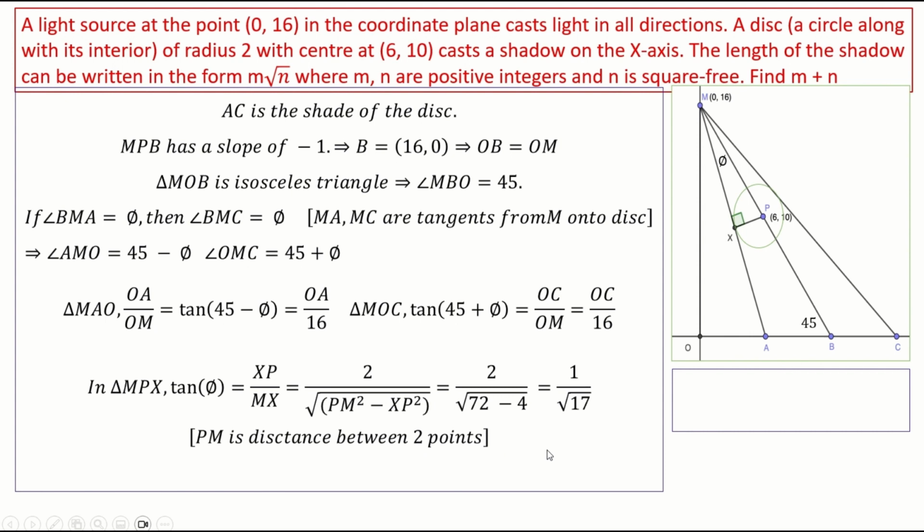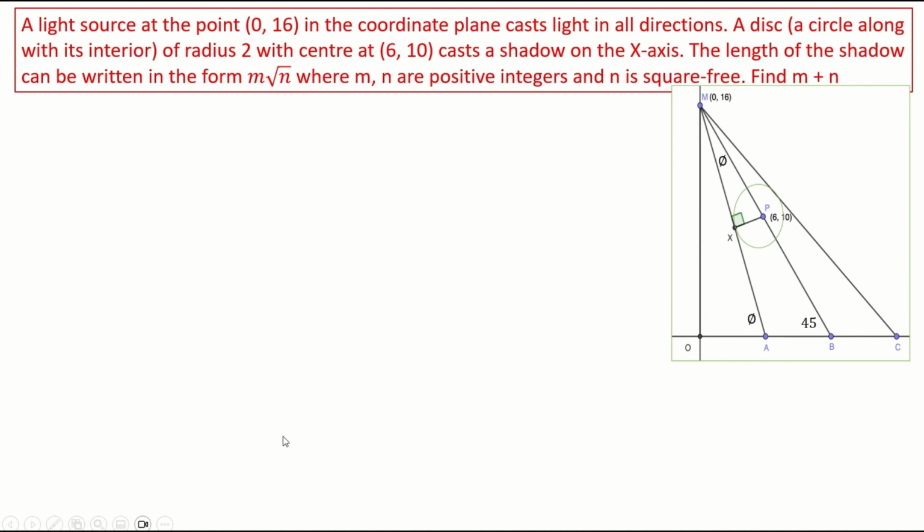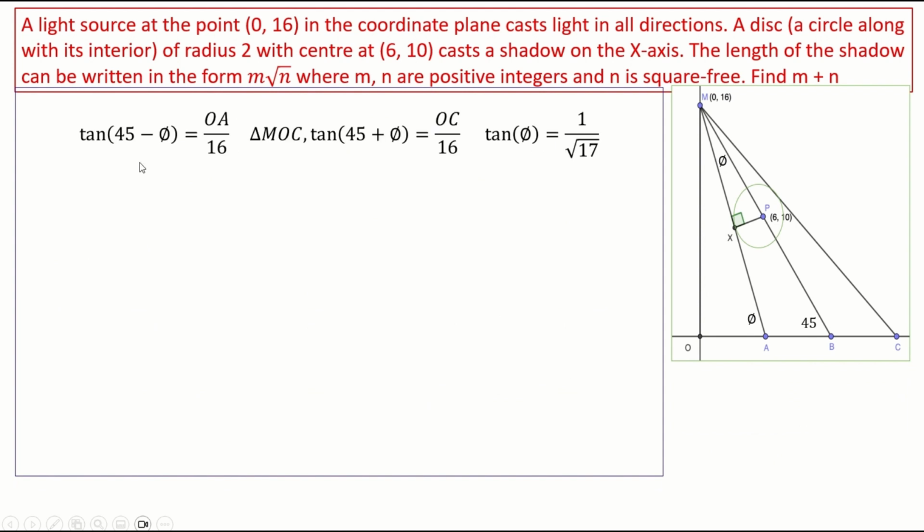Now remember this tan equation; you need to apply it. We have three given things: tan(45 minus phi), tan(45 plus phi), and tan phi, which is this value.